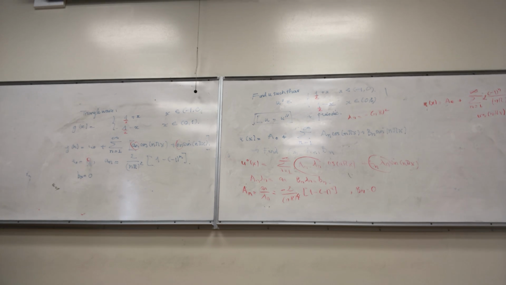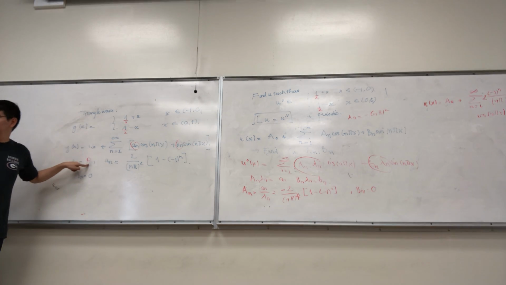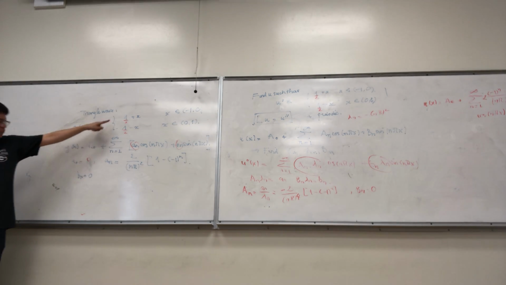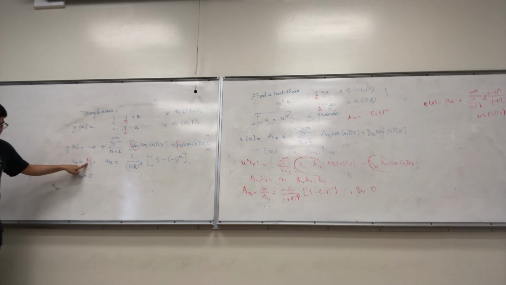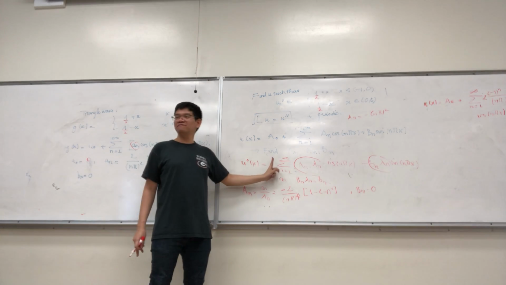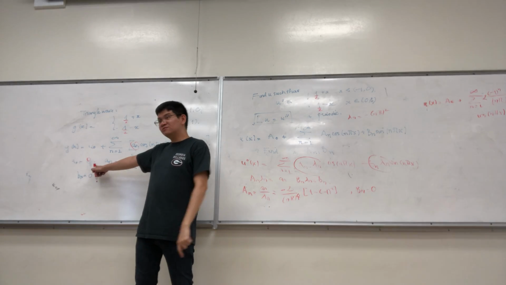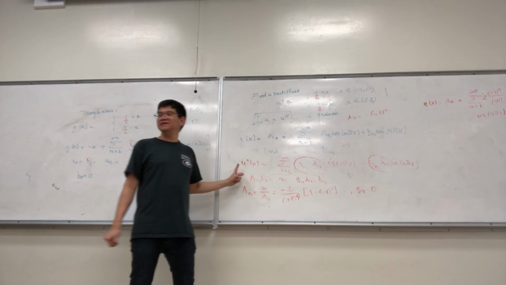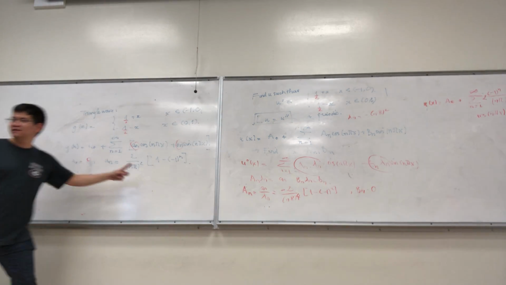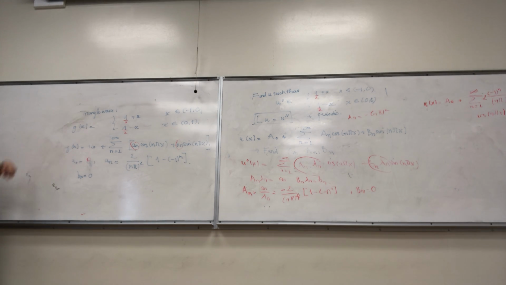Other questions? Yes? Why did you change to 1/2 instead of 1 again? Yes, I changed the 1/2 because I want this to be 0. If I put 1 here, I have 1, which means that here I don't have A0, but here I have A0, which means that I cannot find any u such that u second is equal to the triangle wave.